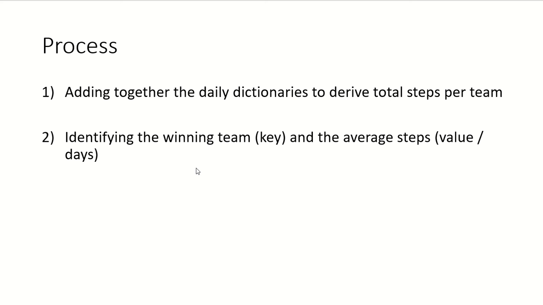The first is adding together the daily dictionaries to get a dictionary that has total steps per team. And then second is to identify the winning team and the average steps. These 2 properties, I should say, don't want to confuse the syntax, correspond to the keys in that dictionary, and then the values, just the values divided by day to get the average.